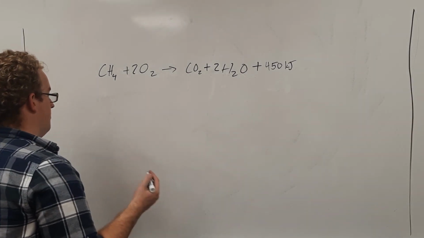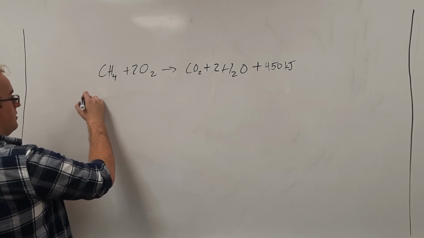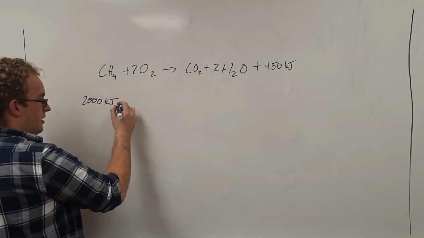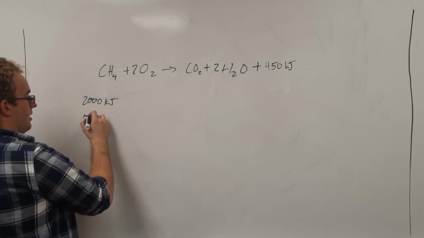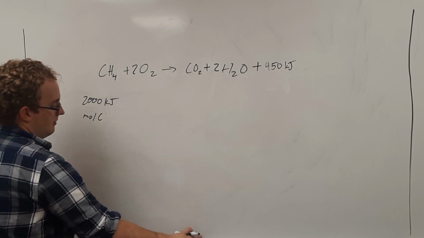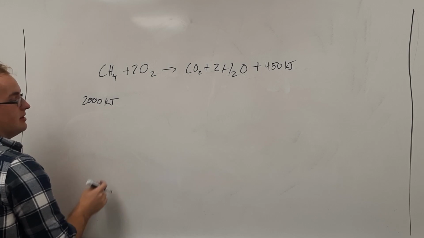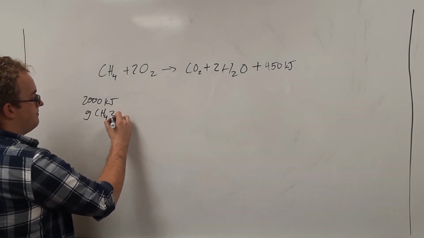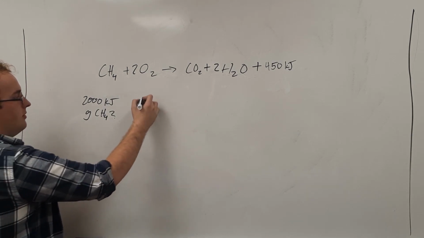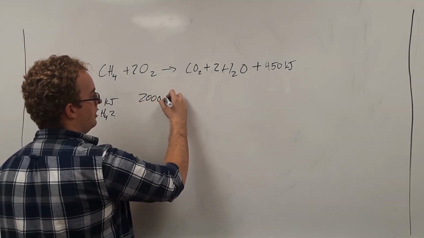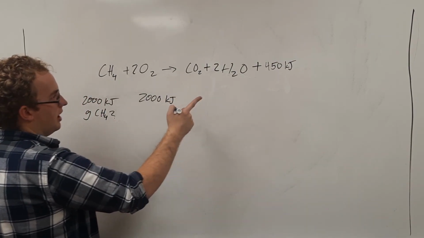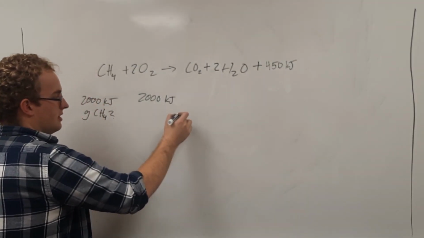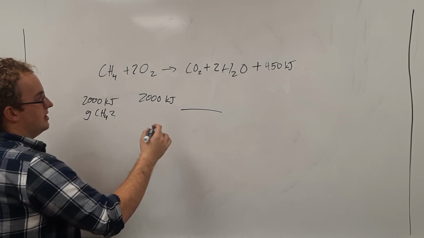For example, if you wanted to produce 2,000 kilojoules of heat, how many moles of CH4? Let me say grams, you might see that more often. How many grams of CH4 do we need to burn? Then I can just think, okay, we start with 2,000 kilojoules. And I know that for every 450 kilojoules of energy I need 1 mole of CH4.